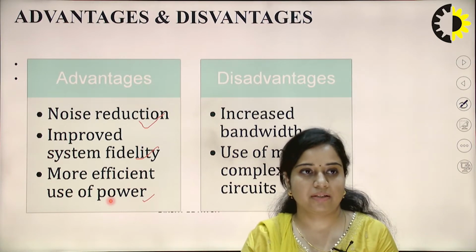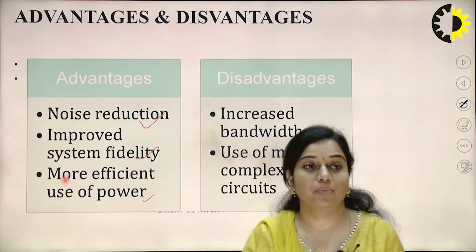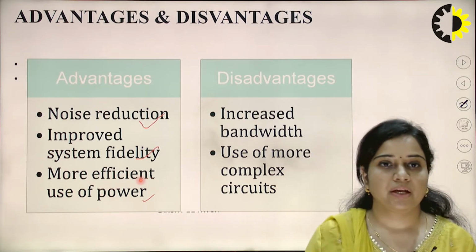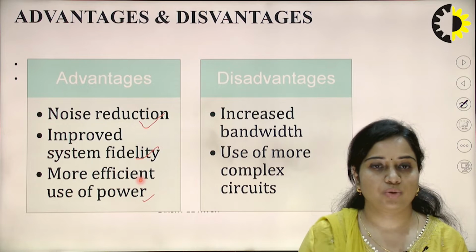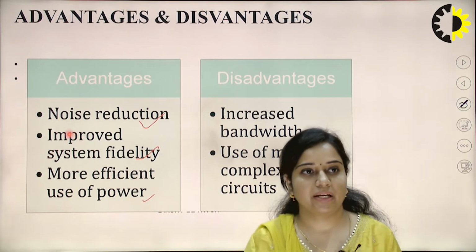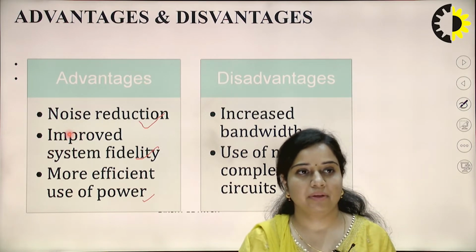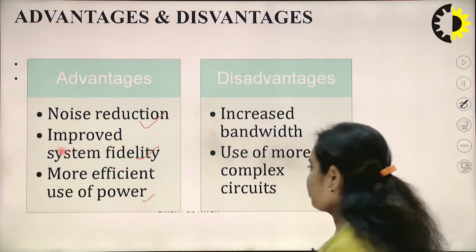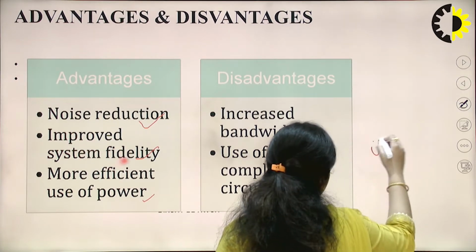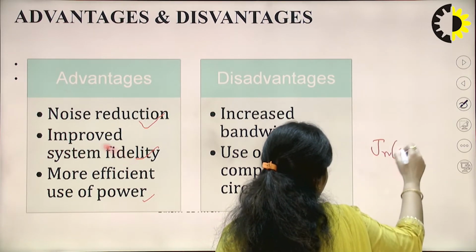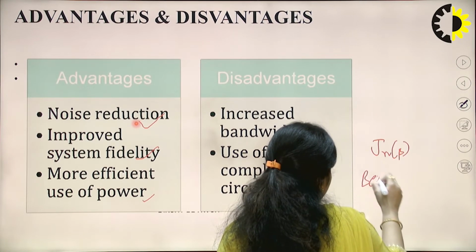Let us take an example of narrowband FM and wideband FM. In narrowband FM, only 2 sidebands are transmitted, whereas in wideband FM, an infinite number of sidebands are transmitted, depending on the Bessel function J n of beta.